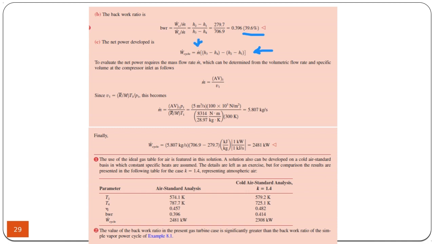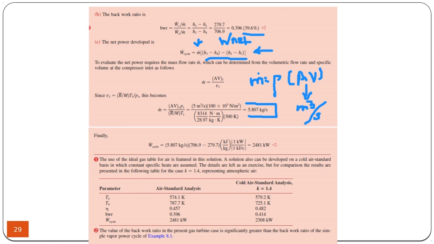This is the net work. And m dot can be calculated from the relationship of rho times A V. This is called volumetric flow rate, and it's given to you in the statement of the problem as cubic meter per second, so that you can calculate the mass flow rate into the compressor or into the turbine.